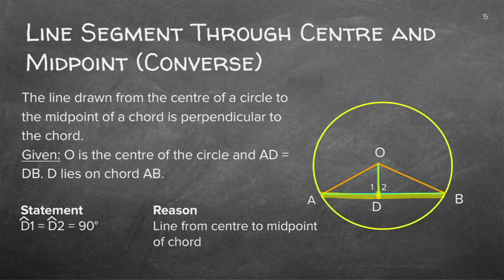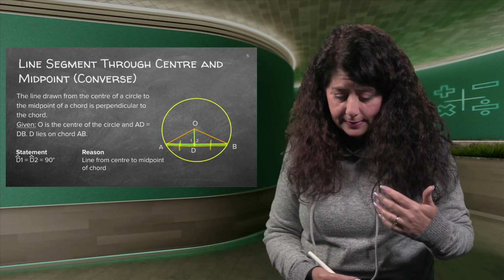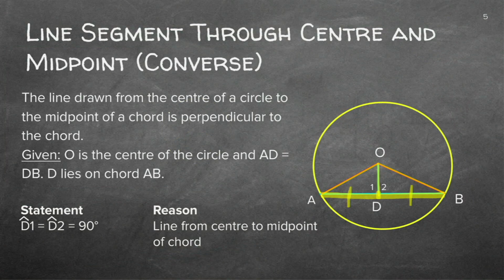So it's given that O is the center of the circle and that AD equals DB and D lies on a chord. You can immediately go over to your statement and say, therefore D1 equals D2, and that will equal 90 degrees because line from center to midpoint of chord is your reason.